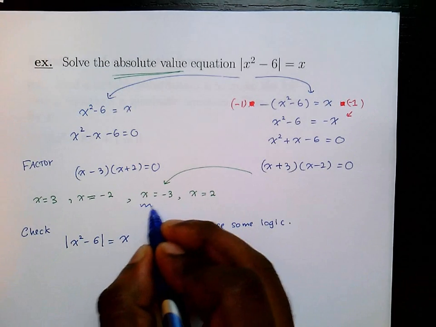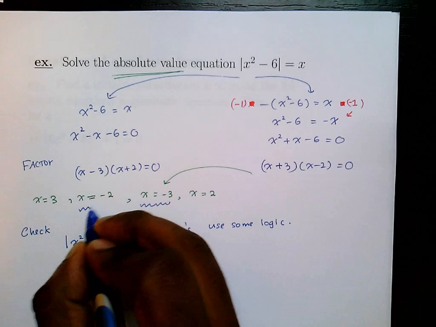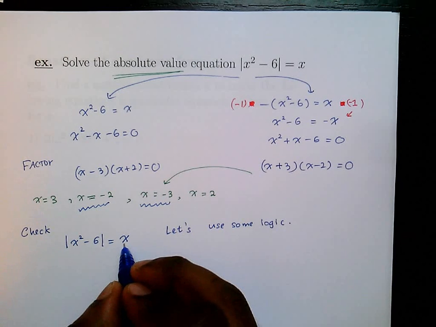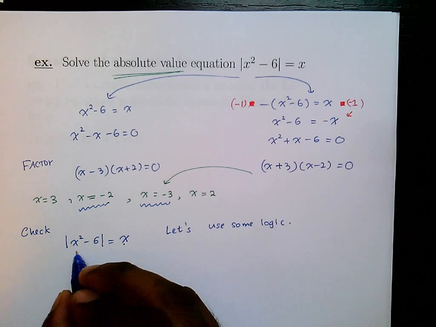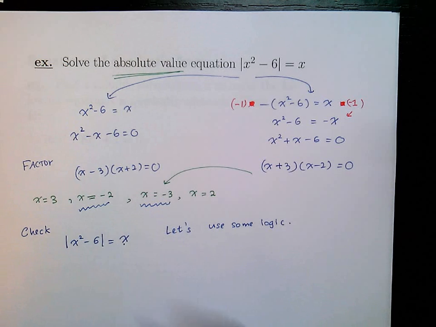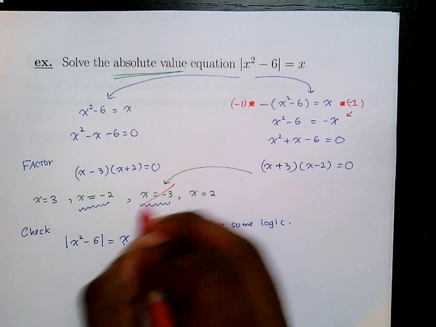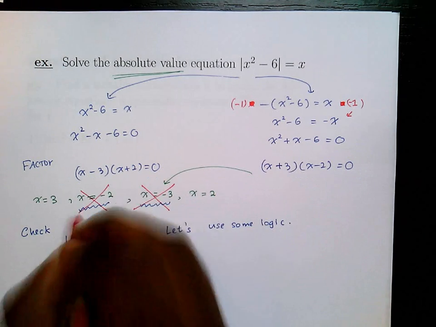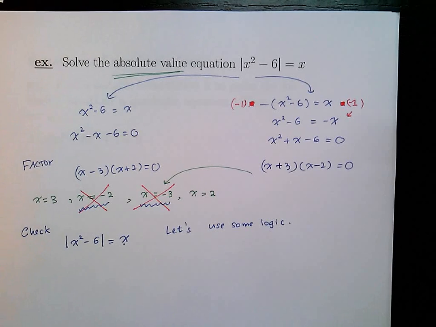If you have x equals negative 3 or x equals negative 2, this side would be negative and this side would be an absolute value, hence positive. So the left hand side and the right hand side can never agree in these 2 situations. So these are wrong. You don't have to check those 2. So let's check this and this.